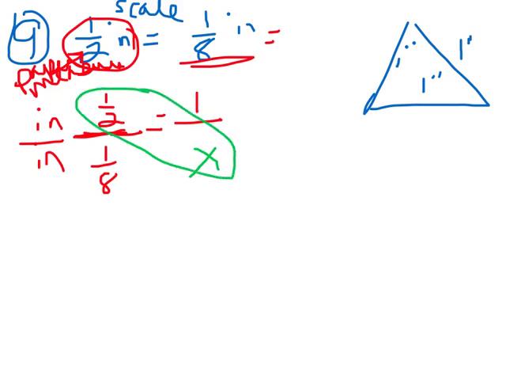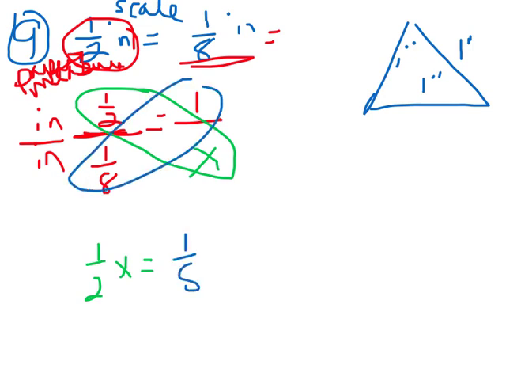1/2 times x is 1/2 x. And on the other side, 1 times 1/8 is 1/8. How do I get rid of a fraction when it's multiplied by a variable? I could divide both sides by the 1/2 that's in front of this x, but that gets really messy. So what we learned is to multiply both sides by the reciprocal of the fraction.